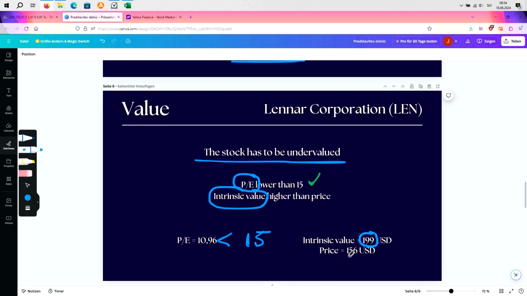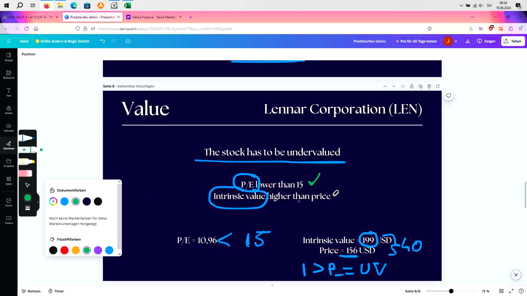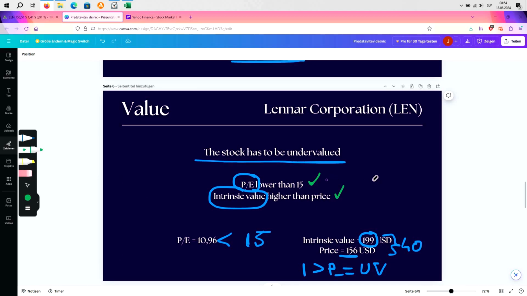But the actual price right now is $156, which means that the stock is actually around $40 undervalued. Because if intrinsic value is higher than the current price, that means that the stock is undervalued, okay? Let me write that here on the screen as well, is undervalued. So we can also see that the intrinsic value is higher than the price, so stock is definitely undervalued in both terms, okay?